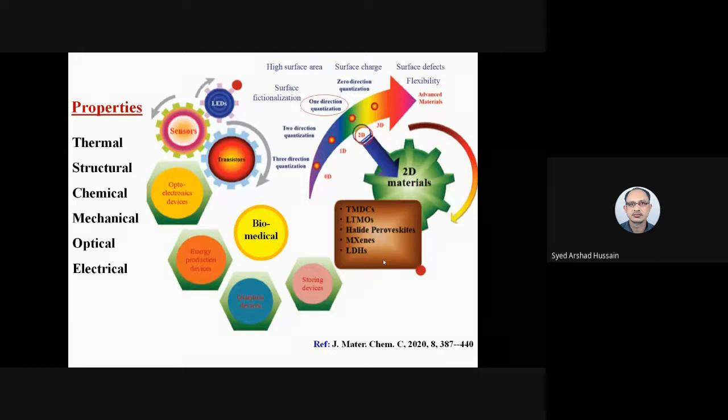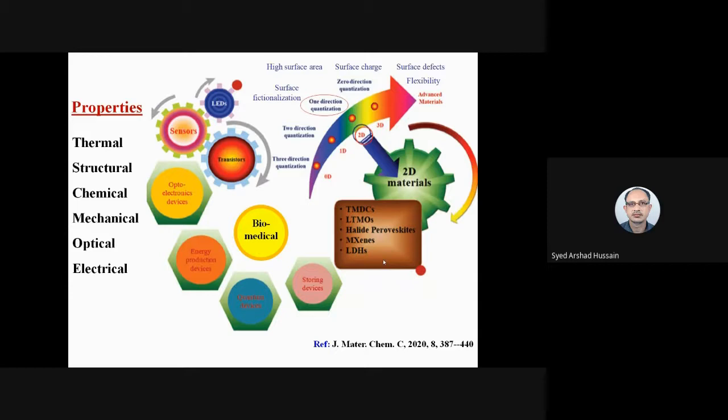Then you have surface charge. There may be surface defects. Material may be flexible. So many issues are there. And due to these, several properties change with respect to its bulk counterpart. Properties like thermal, structural, chemical, mechanical, optical, electrical, and so many.